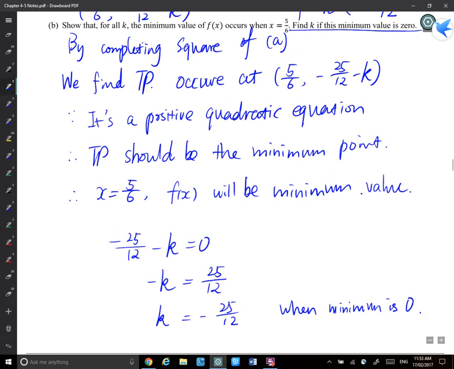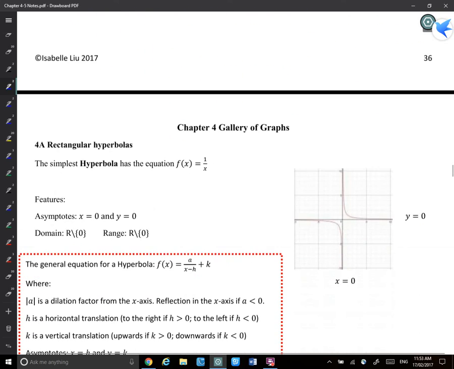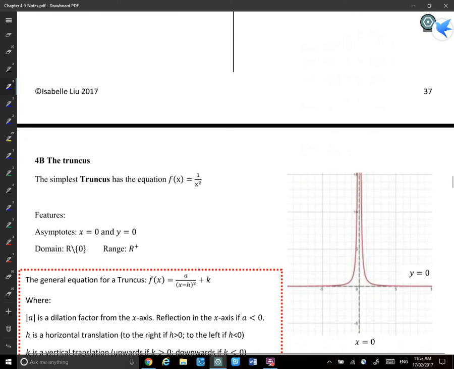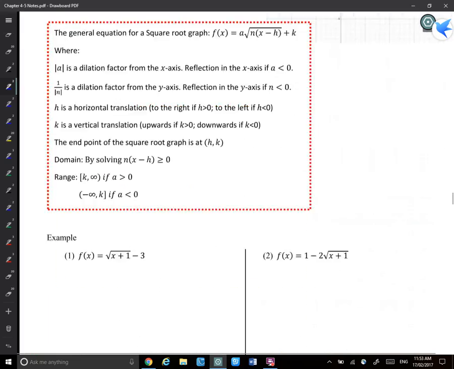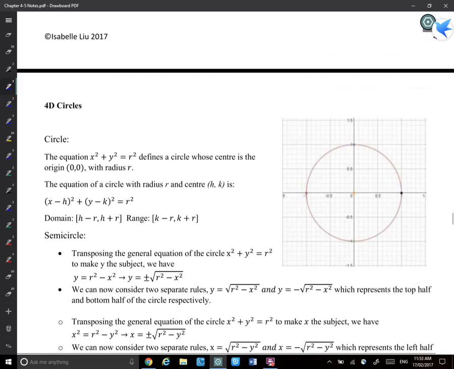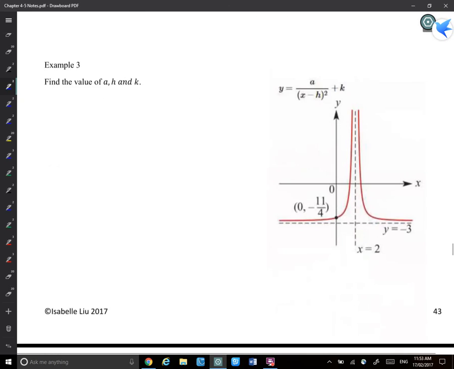I'll stop here today, and next week we will spend on chapter 4, gallery of graphs, but I'm not going to spend the whole week on that. I'll spend 2 lessons on 4A, 4B, 4C and the complementary part, and then 4D, 4E.